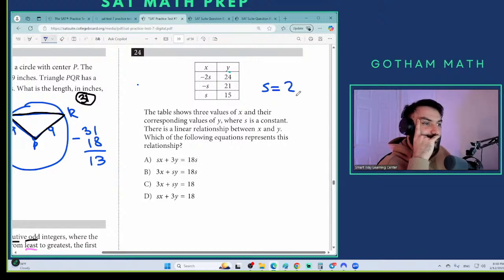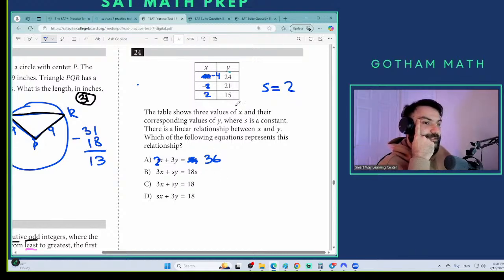Let's do 2. 2 and 15, 2 and 20, yeah. So what will happen? This will turn into the 2x. This will turn into 36 because it's 2s. And this will turn into 2. This is negative 2 times 2, which is negative 4. Right?